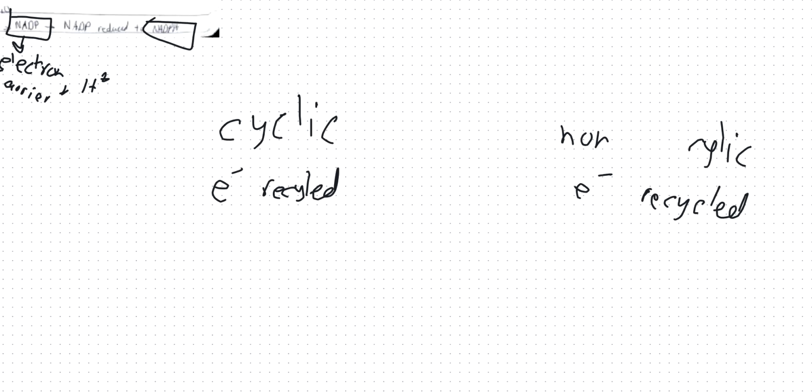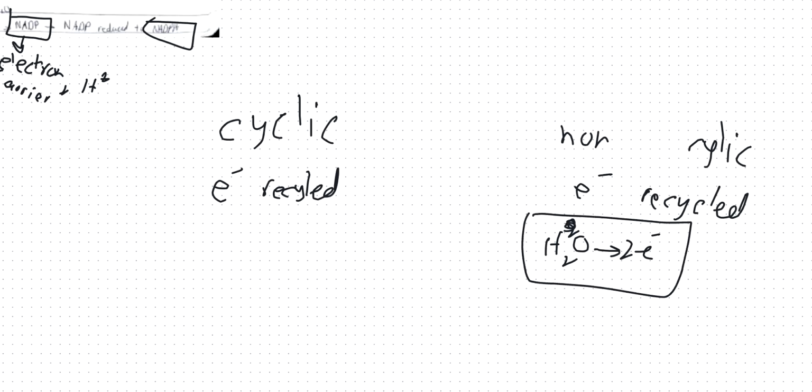And photolysis of water splitting, H2O becoming electrons, happens only in non-cyclic. In non-cyclic photophosphorylation, you split water into electrons. In cyclic, this does not happen. This is the main difference between cyclic and non-cyclic.